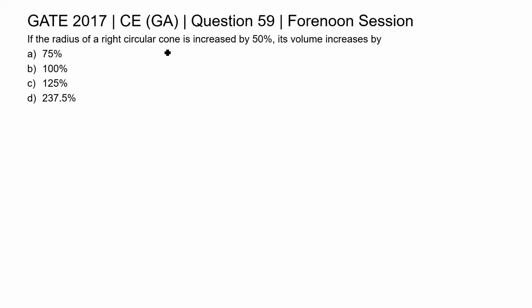H is the perpendicular distance between the base and vertex. Okay, so this is h. So the volume of a right circular cone is pi by 3 r square h.